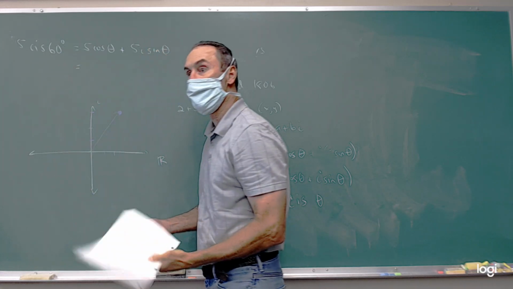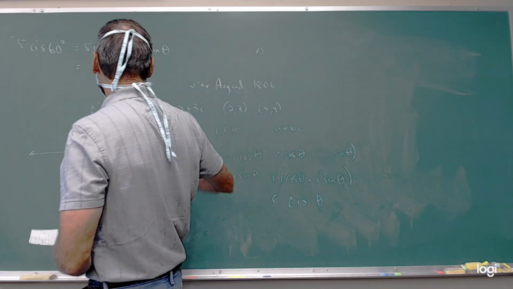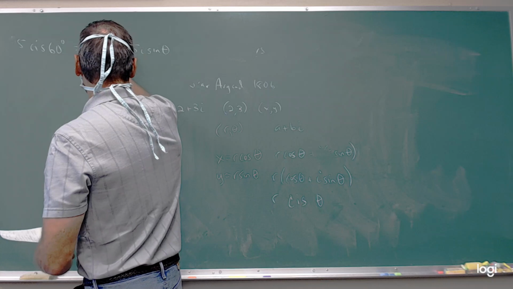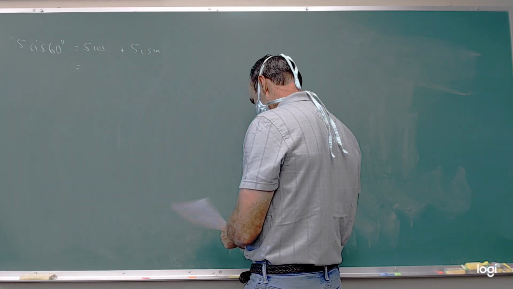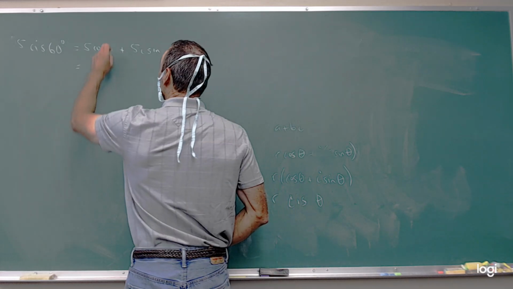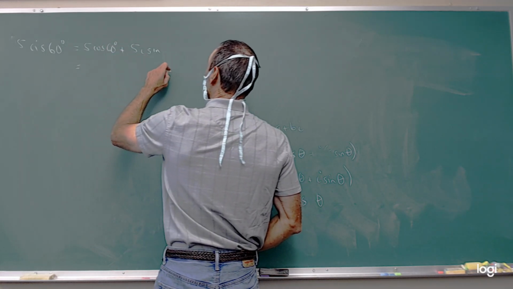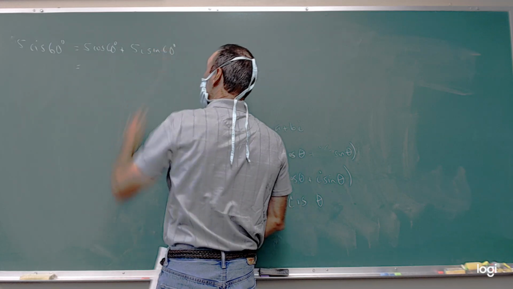You with me there? And I don't need to write theta. We're going to call that 60 degrees because we know what theta is. So that's going to be 5 cosine 60 degrees plus 5i sine 60 degrees.